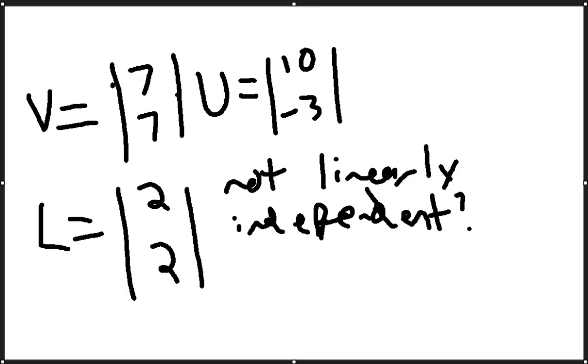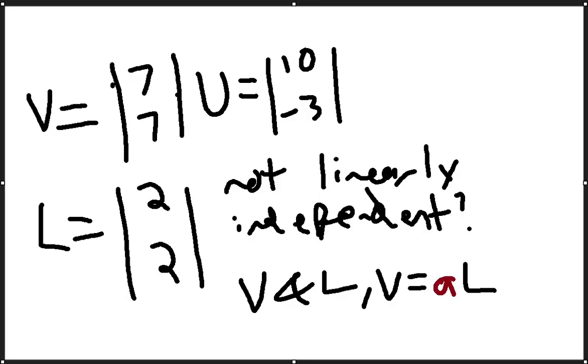That's terrible writing. But as you can see, it would be V and L, because V would just be equal to some value, whatever it might happen to be, times L, because they even have the same numbers in both slots. So if V is this color and L is this, it would look a little bit like this, where V points in this direction and L points like that.